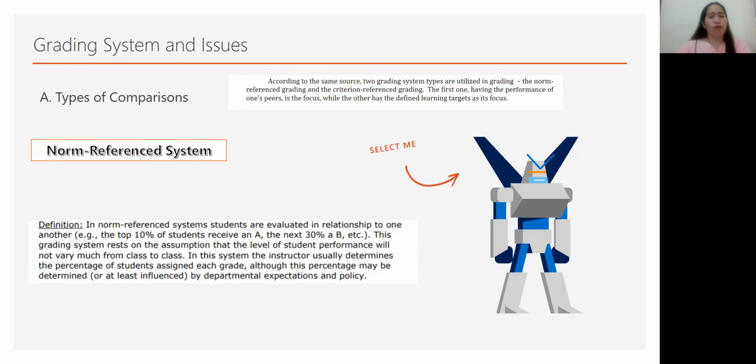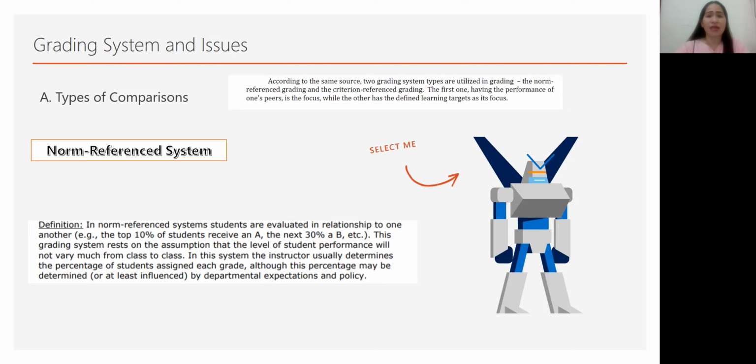Definition of norm reference system. In norm reference systems, students are evaluated in relationship to one another. For example, the top 10% of students receive an A, the next 30% a B, and so on.